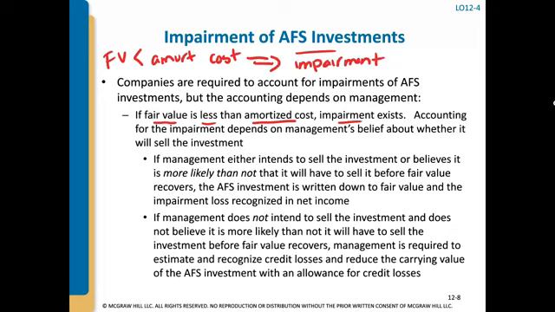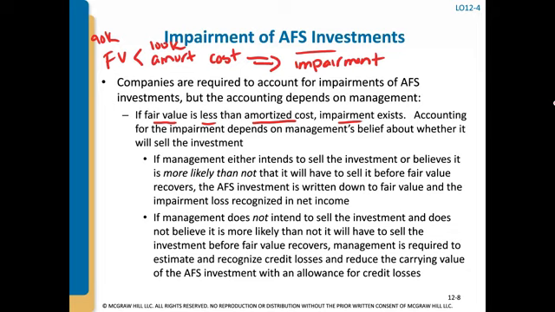I like to see it. So if my fair value, let's just say, was 90,000, but my amortized cost is 100,000, then we need to look to see, should we write this asset down to 90,000? Because right now it's on our books for 100. So do we do that?